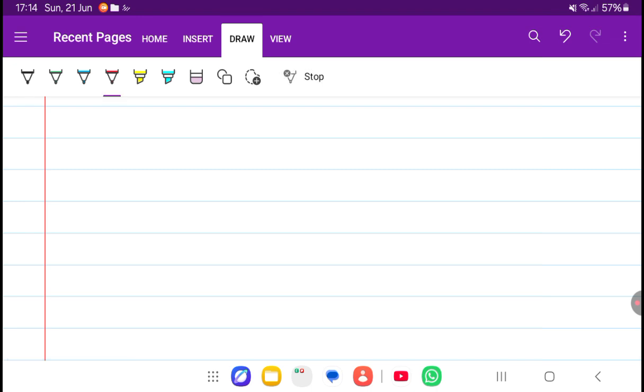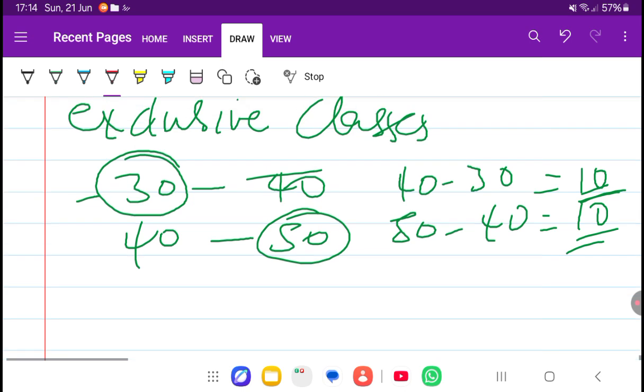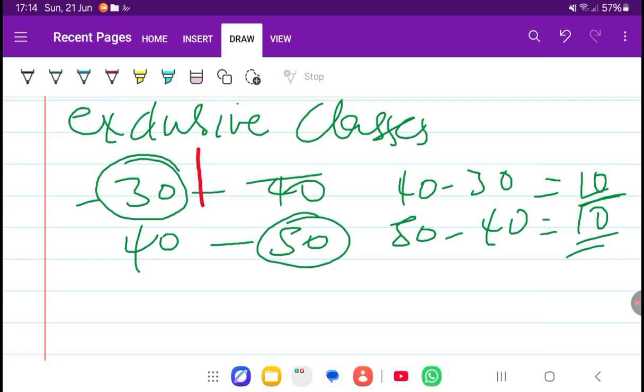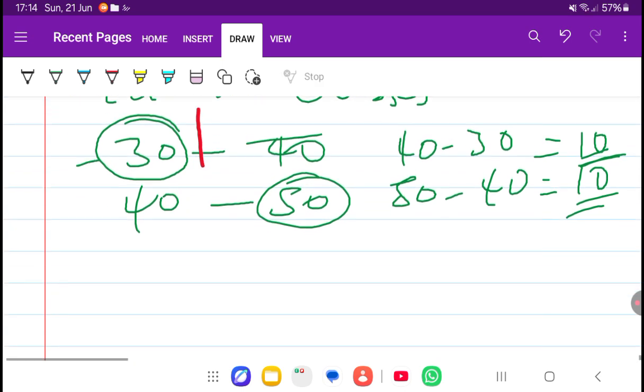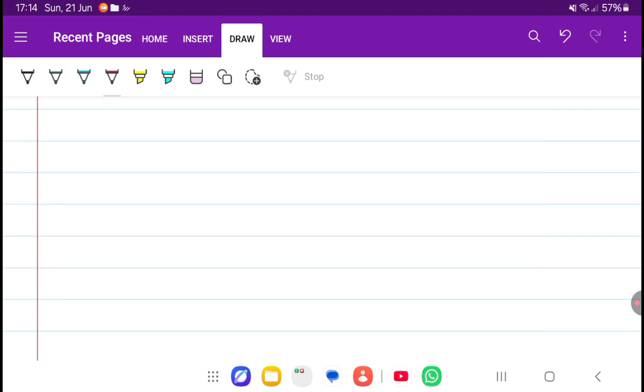So let's now look at what we call the range, as another terminology. Of course, we know range is just the difference between the maximum and the minimum data values or data entries.